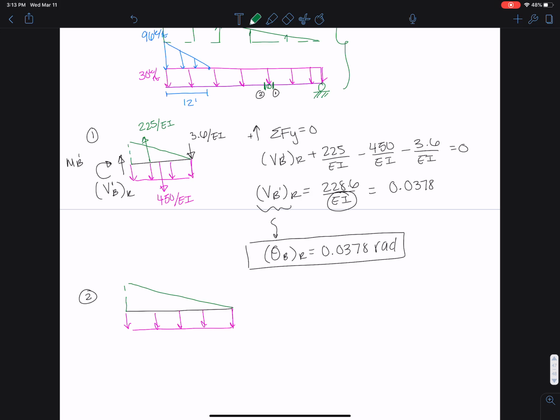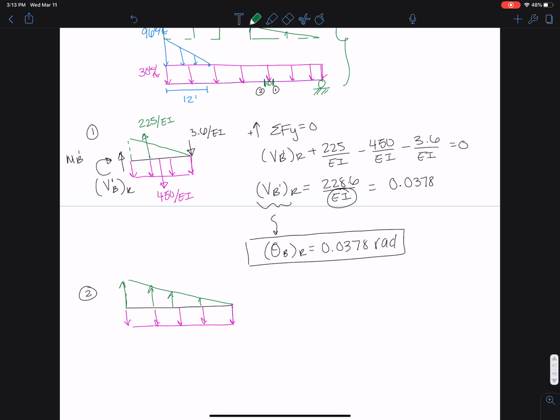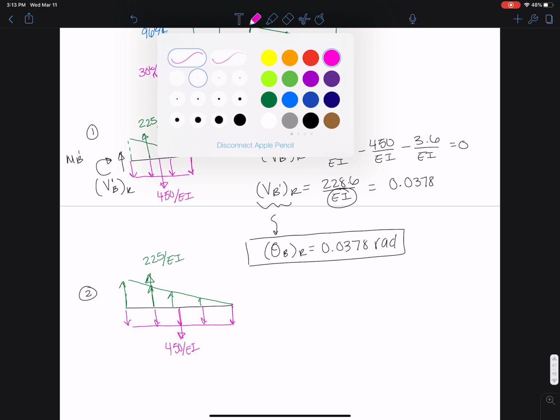And this one was going up, it's positive. Okay, and we have our resultant, something like this here, of again 225 over EI, and then we have our 450. Okay, and then we have here our 3.6 again.